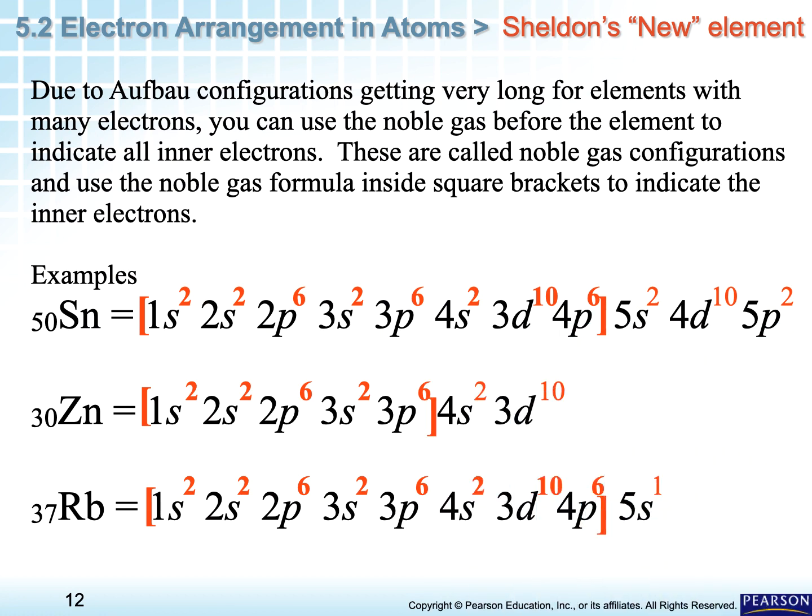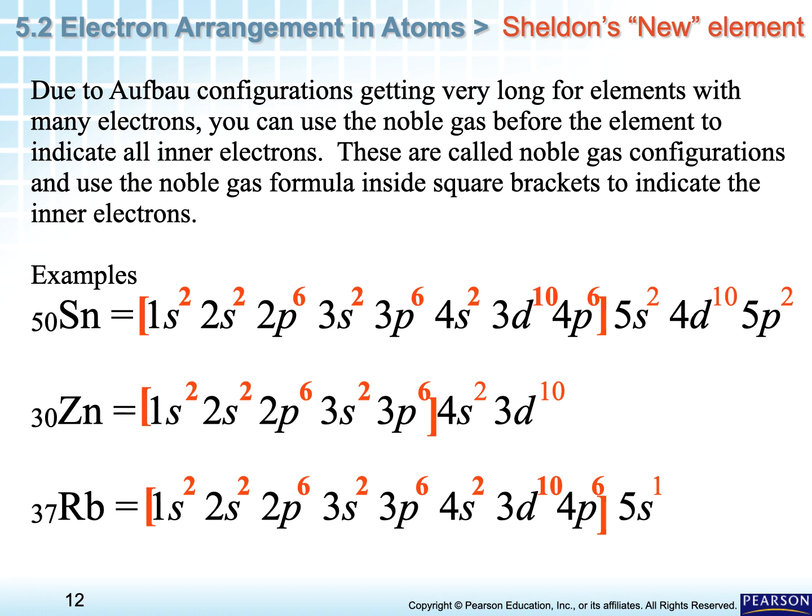Now, due to the Aufbau configurations getting very long for elements with many electrons, you can use the noble gas before the element. The ones that are to the far right are the noble gases: helium, neon, argon, krypton, xenon, and radon.